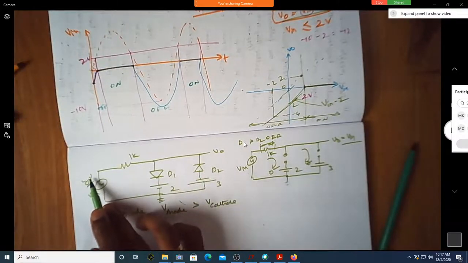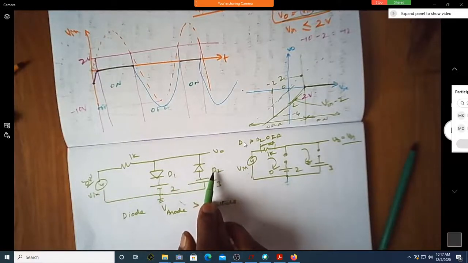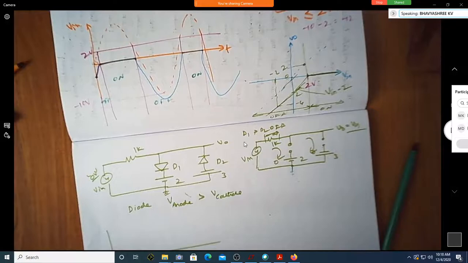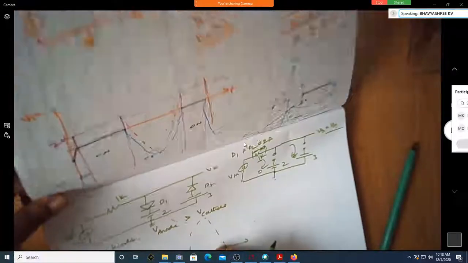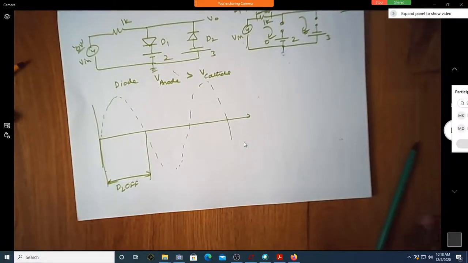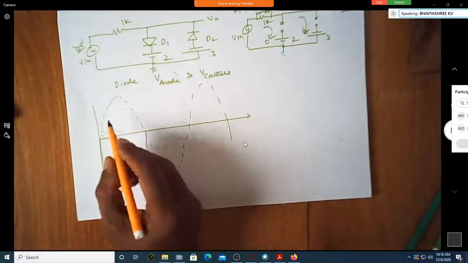Okay, during that point, what is the condition of D2? Because you are in the positive half cycle, does the entire positive half cycle keep D2 always off? Yes, sir. Why is D2 off?